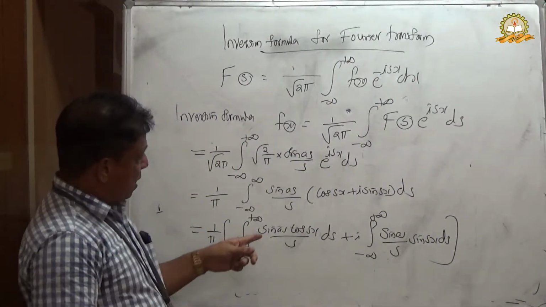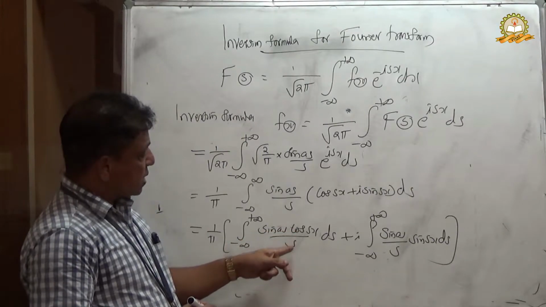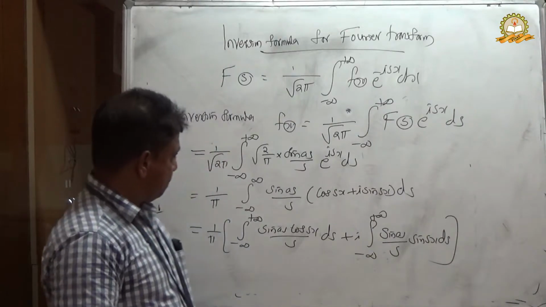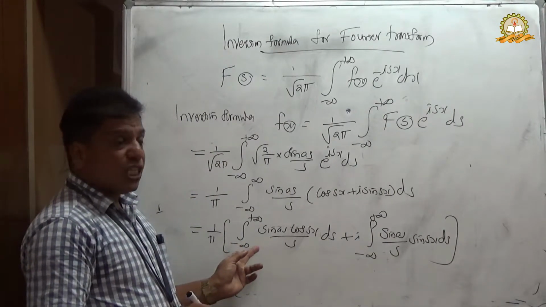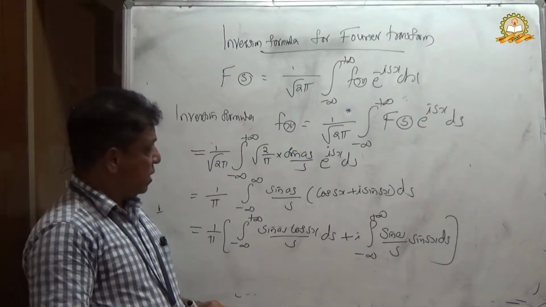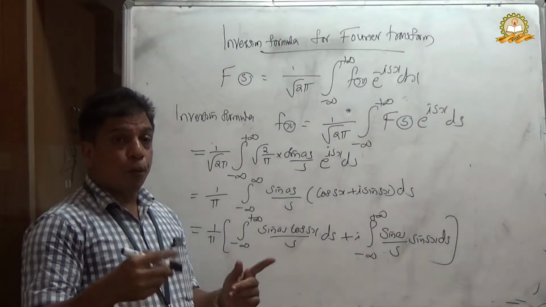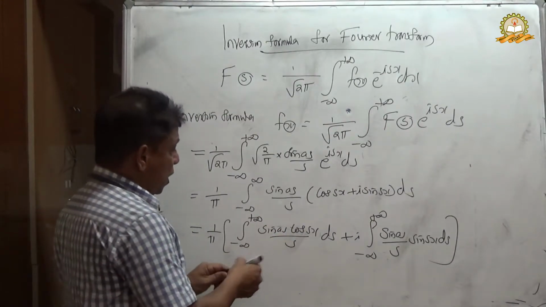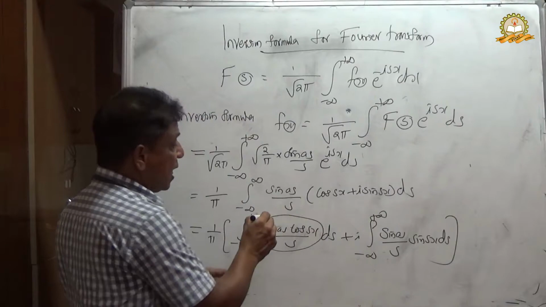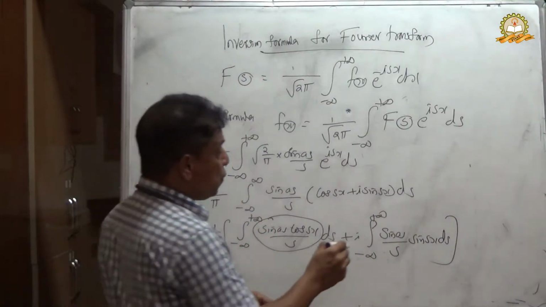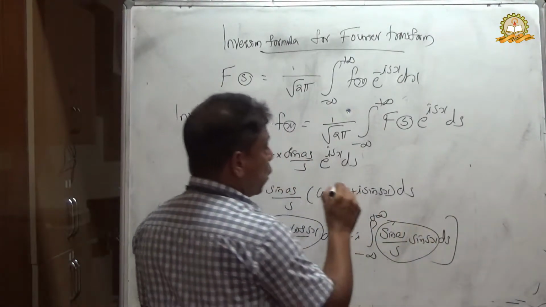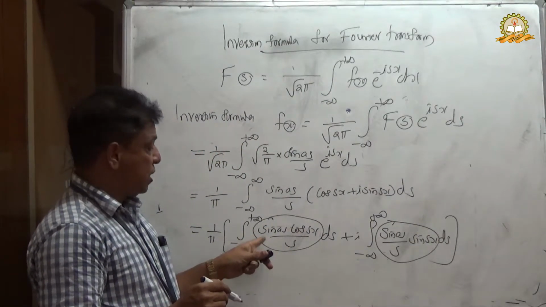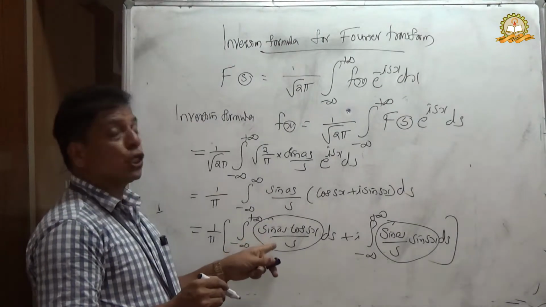In the first case, sin as into cos sx by s, and in the second case, sin as by s into sin sx ds, the lower limit is minus infinity and the upper limit is plus infinity. Then we can apply the property of definite integrals. For that, we have to check whether each function is odd or even. If the function is even, we can write it as 2 times the integral from 0 to infinity. If the function is odd, we can write it as 0.